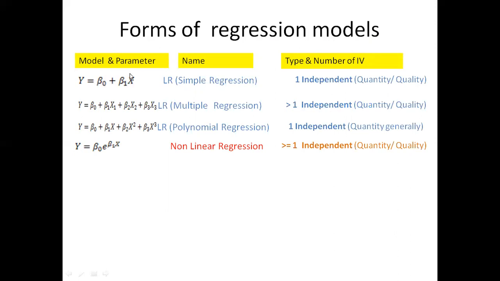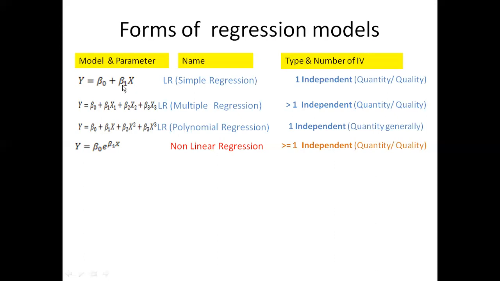In this functional form, one independent variable is there, and the two constants, beta 0 and beta 1, are called parameters. This form of relationship is called a linear relationship, and since one variable is independent, it is called simple regression.